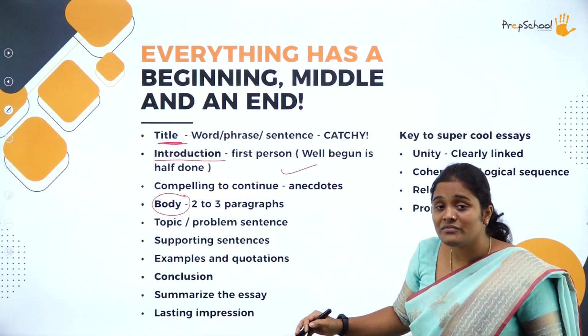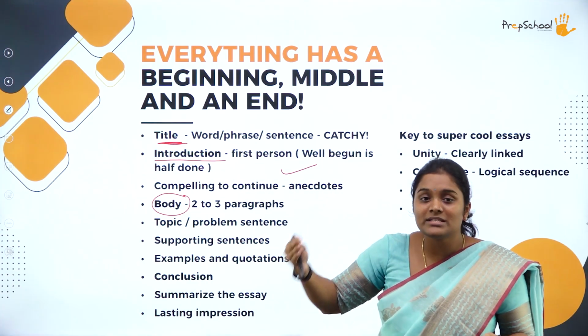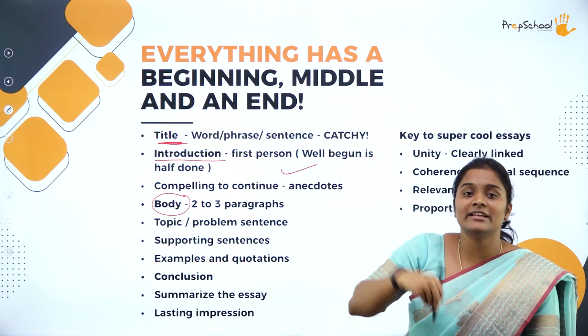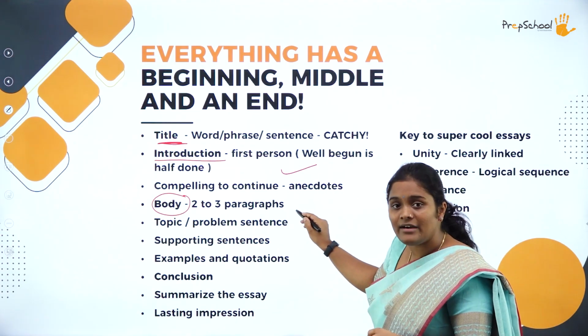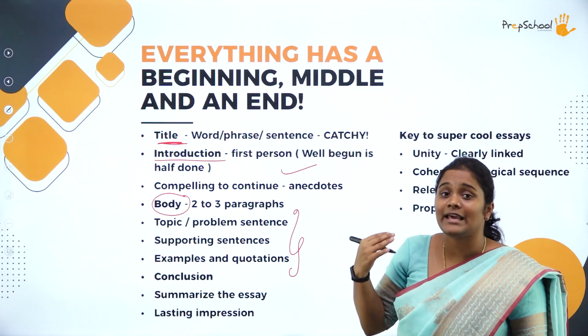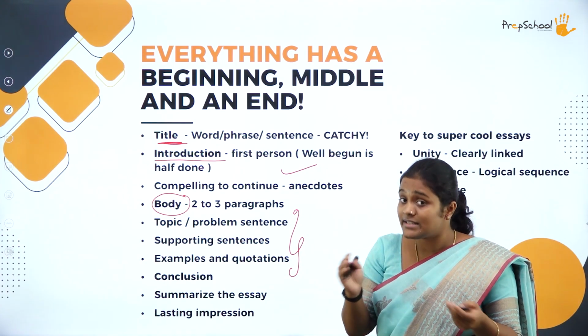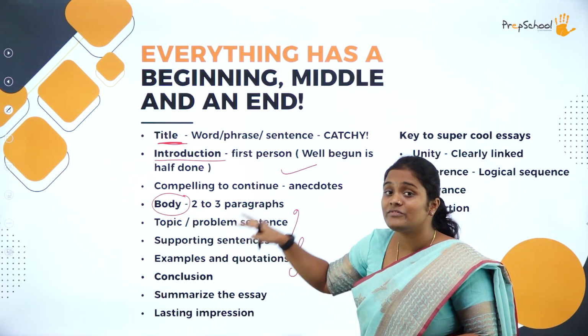Then we go to the body of the essay, where we talk about whatever we promised in the introduction. When the reader, the customer, comes inside, you have to prove to them that we have everything here. The supporting details, the examples, the explanations, every statistical detail, the data, everything should be in the body of the essay.